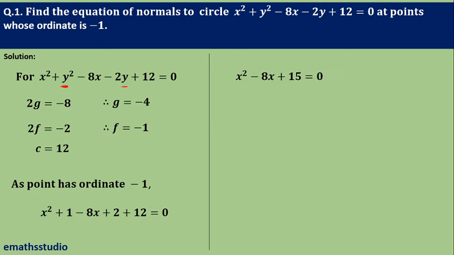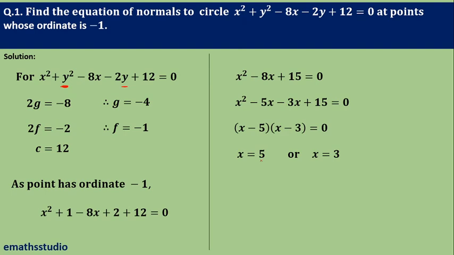Further, this becomes x² - 8x + 15 = 0. Splitting the middle term, it can be written as x² - 5x - 3x + 15 = 0. So we can write the factors as (x - 5)(x - 3) = 0. From this, x = 5 or x = 3.